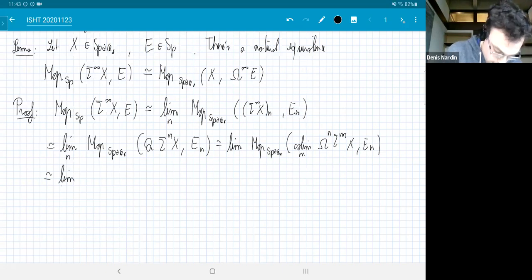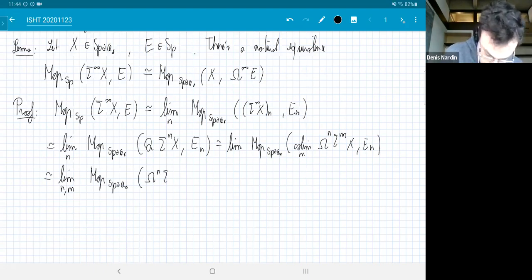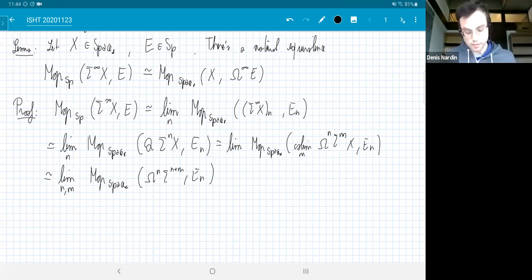And so putting it out, I have limits over m of maps in pointed spaces omega n sigma m plus m, E n. And yeah, okay, that's the thing. It's just unwrapping all the definitions.